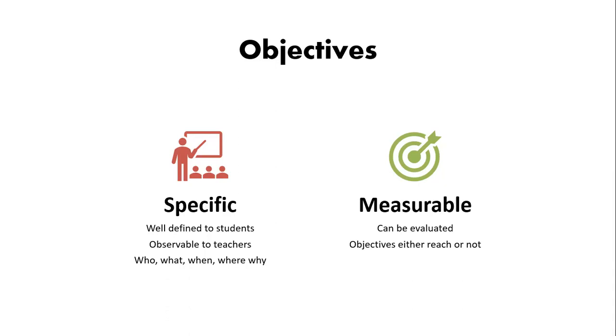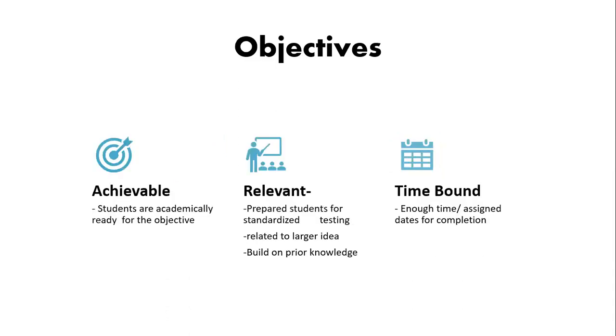All the objectives should be measurable, so we can tell whether we have achieved it or not. Achievable means it should be possible to achieve within the given time frame, for example students being academically ready. And it should be relevant, to the farmers or to the local people.